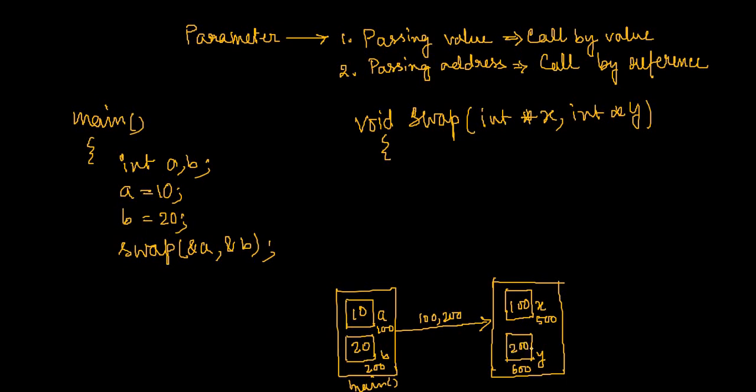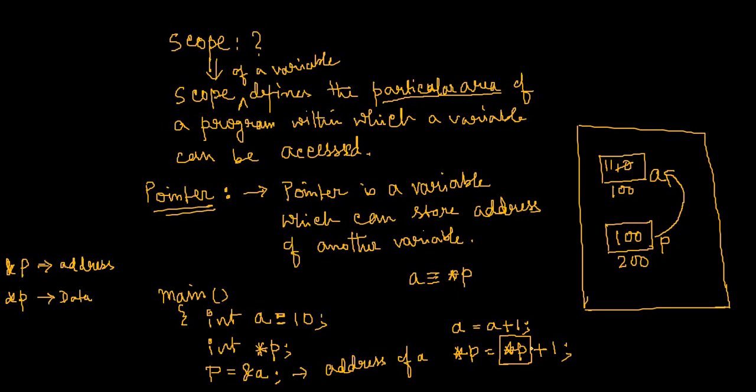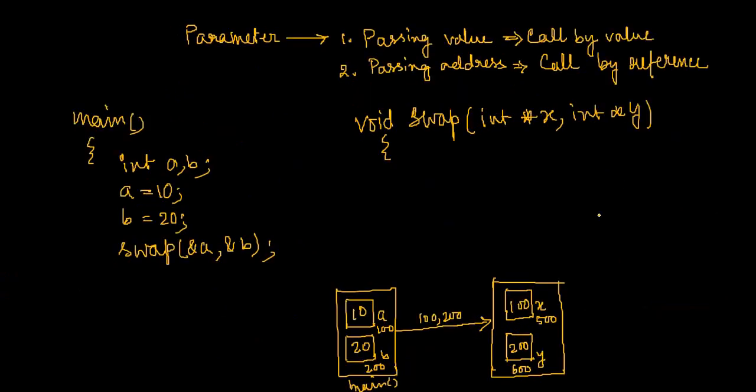Now from the idea of pointers, what we have seen is that if it contains this address, it can point to this and it can control this. So if you get the address of my variables, then you can easily control those variables, even when you are out of scope.